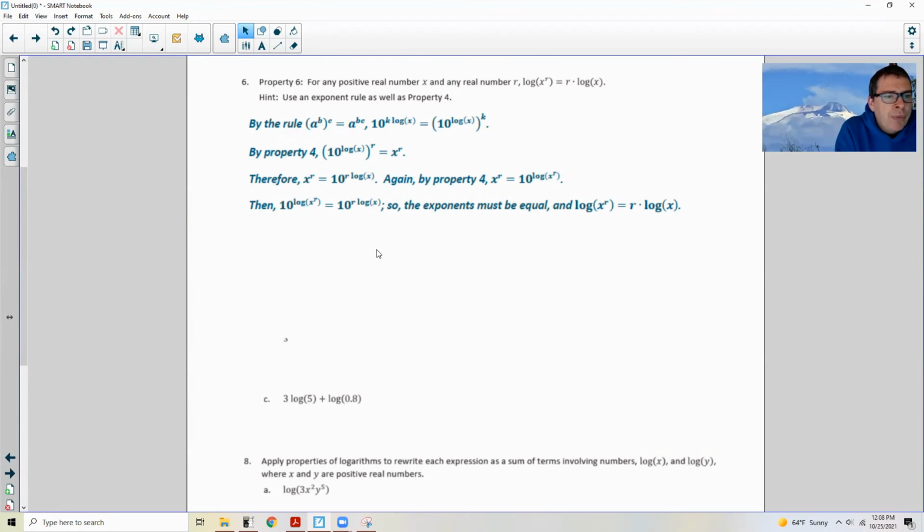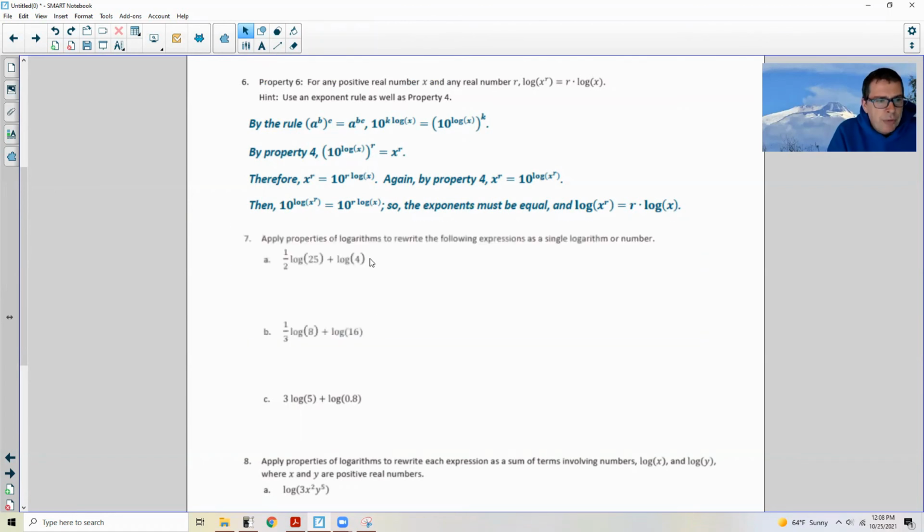We're just doing that power rule in the exponent of 10. So the exponents must be equal, and the log of x to the power of r equals r times the log of x. Okay, so that was just kind of a proof in general. Now we're going to apply these properties.